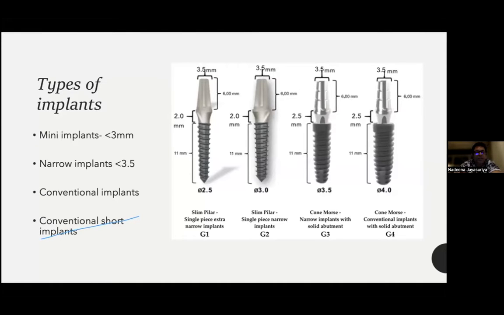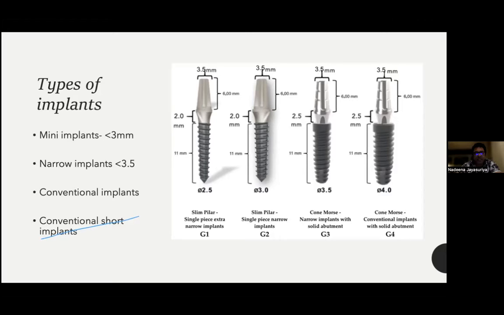Now we have the conventional implants. Conventional implants means the implant in 3 months on the conventional and mini.